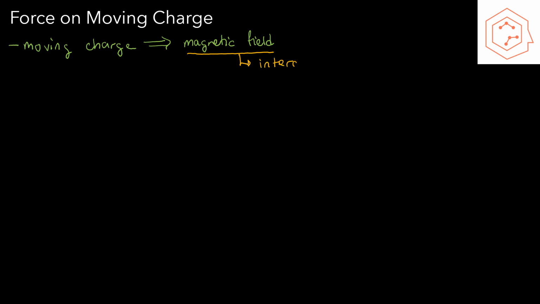Now, since we know that every moving charge generates a magnetic field, if this moving charge is moving within an external magnetic field, then the magnetic field that it generates is going to interact with this external magnetic field.